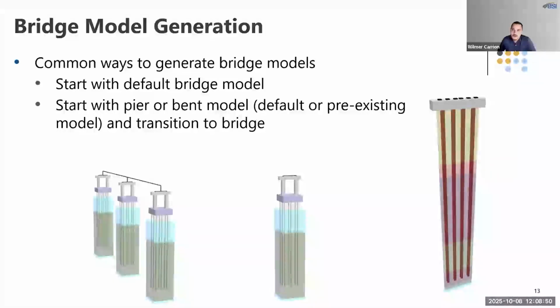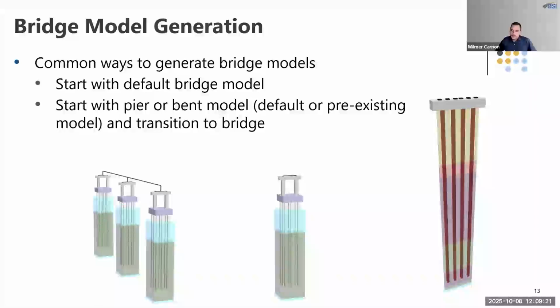There are three common ways to generate a bridge model in FB-MultiPier. The first is to start with the default bridge model, which is a 3-pier, 2-span model as shown on the lower left here. The second is to start with a single pier or bent model. As long as you have bearings defined on your model, you can directly convert the model type within your FB-MultiPier session to a bridge model, and then customize your model further from there.